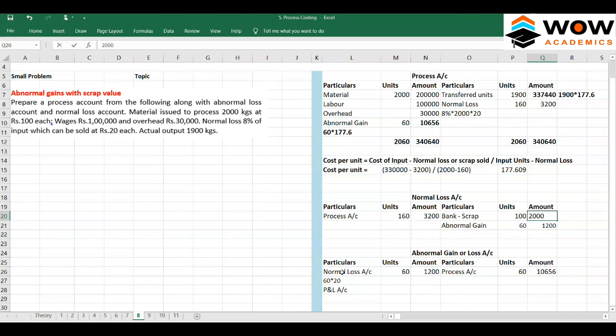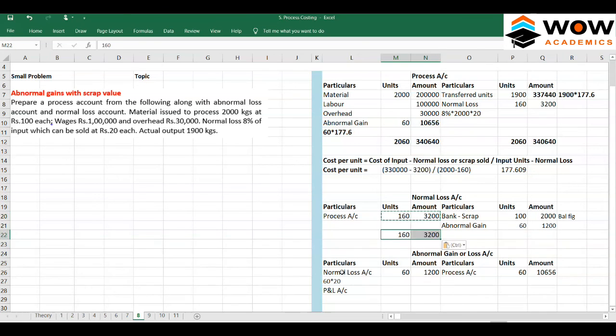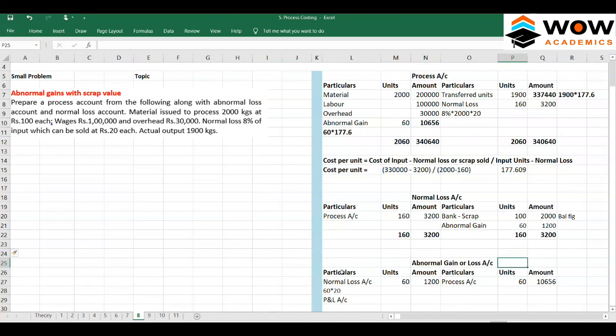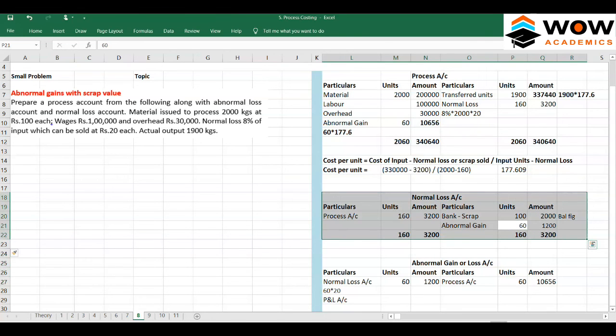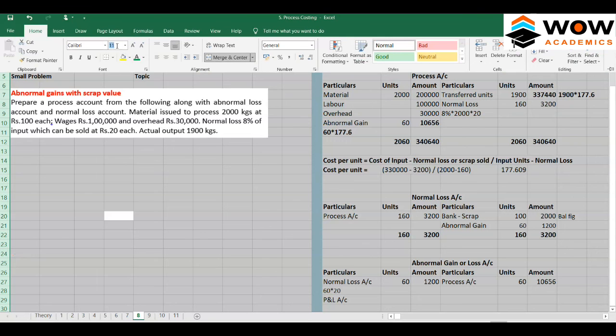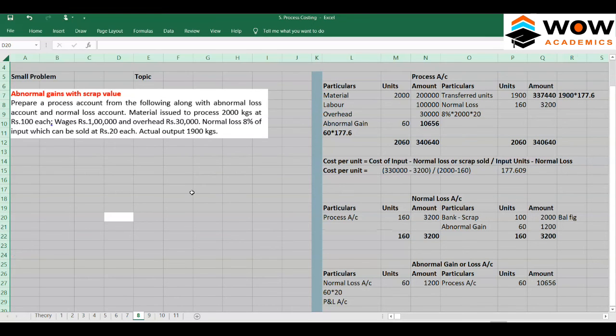So this is a balancing figure. So hope you got it. So if we close the account it would be like this. So that's about the normal loss account.